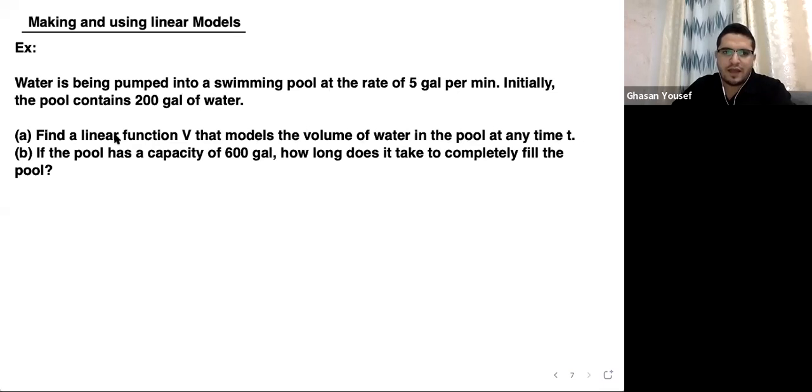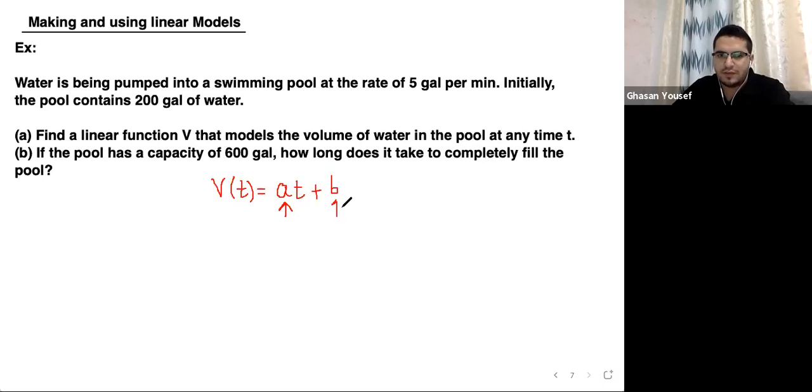First of all, I have to write the linear function. I know the formula for the linear function: v of t equals a times the variable plus b. Now, what is the value for a and what is the value for b?